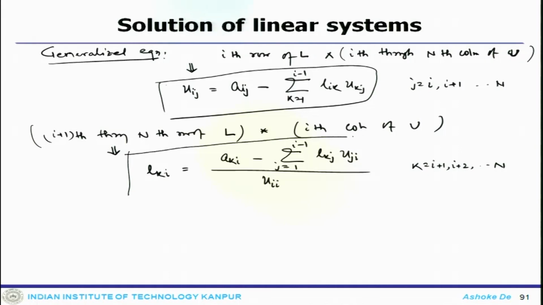So that is what you get. This is where you get the components of the upper triangular matrix, and the lower one gives the components of the lower triangular matrix.